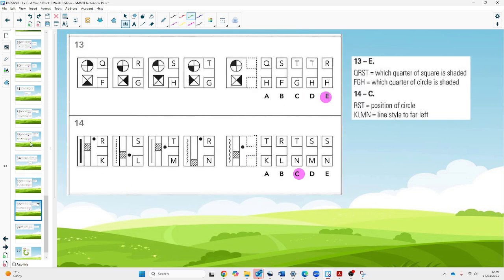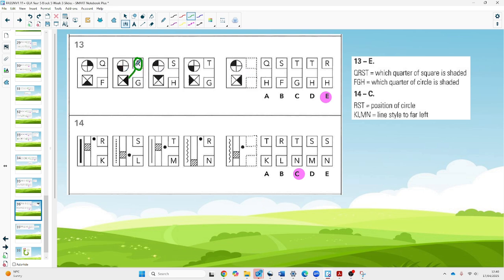Question 13, the Q, the R, the S and the T are all different, and it's which quarter of the square is actually shaded. So again, we're looking at the square at the bottom here. So, looking at the top letter, of course, it'll be an R. So the R represents this part of the square.